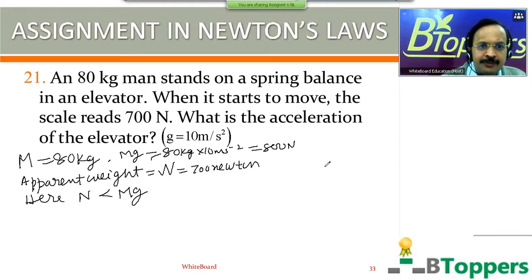So for a man inside the elevator, there are two forces acting on him. One is his weight mg, which acts vertically downwards, and N represents the magnitude of the normal reaction force on the man, which acts upwards. Here N is less than mg. That means mg is more than N.